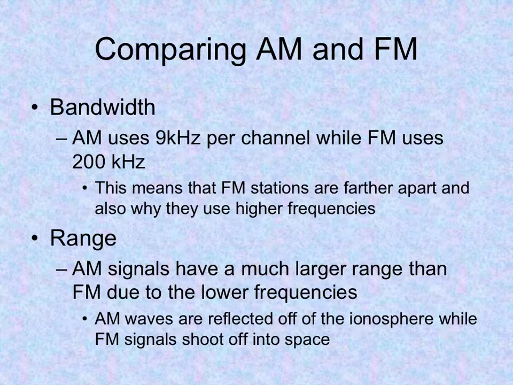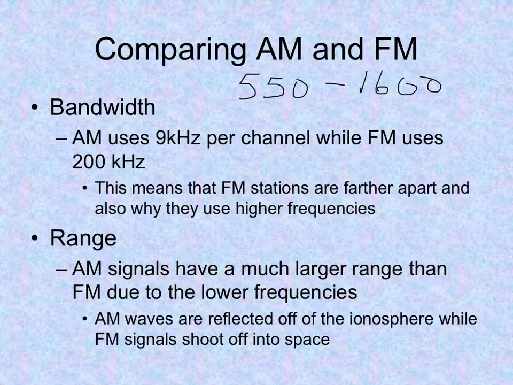And because they need more bandwidth, you find that your AM stations need about 9 kilohertz per channel, while FM bandwidth is about 200 kilohertz. Now, if you look at the AM and FM stations on the dials, you'll notice that AM ranges from about 550 to 1600, while FM ranges from about 98 to 106 or 107.